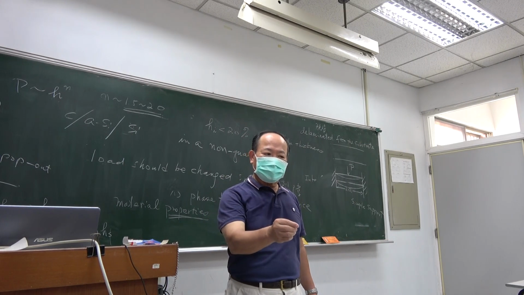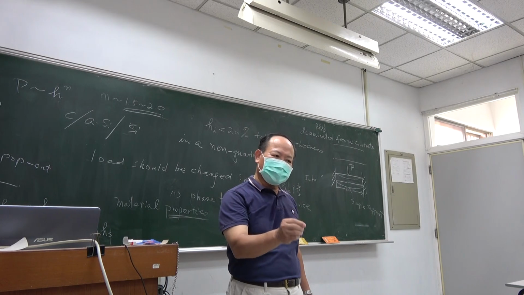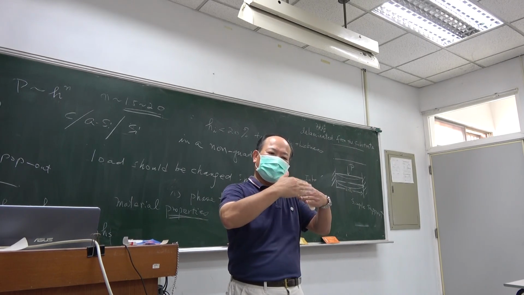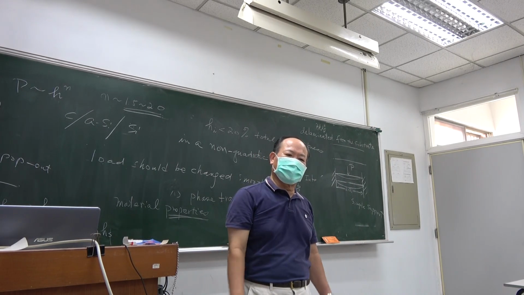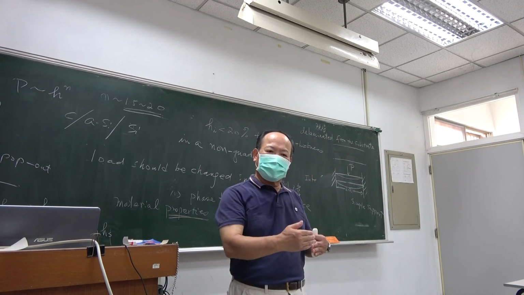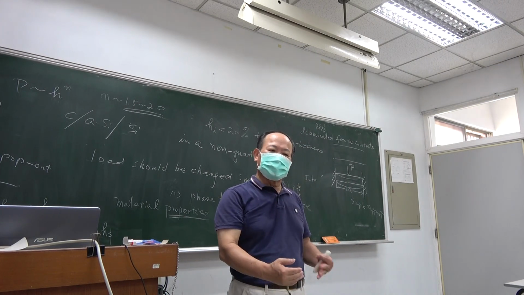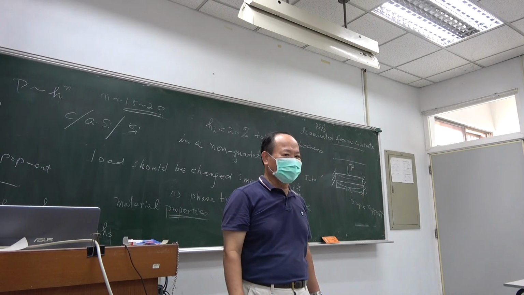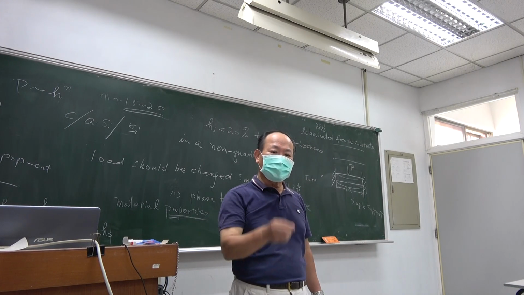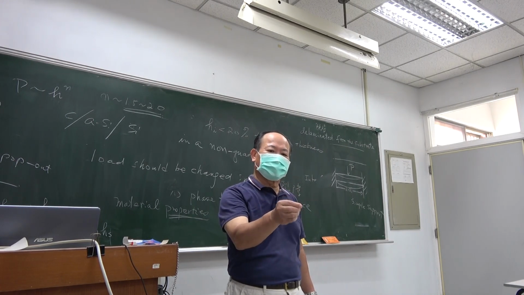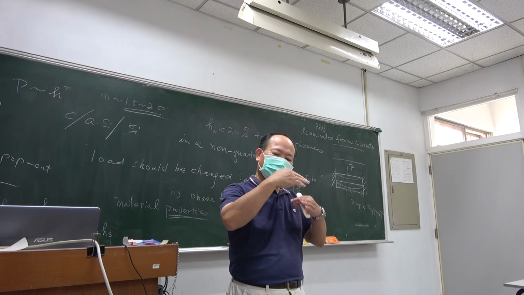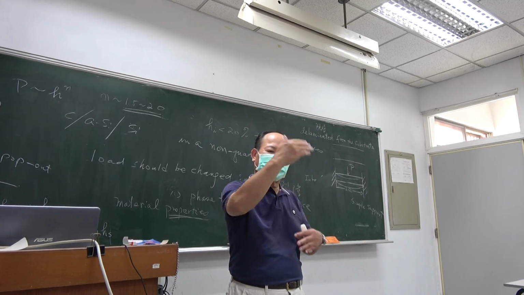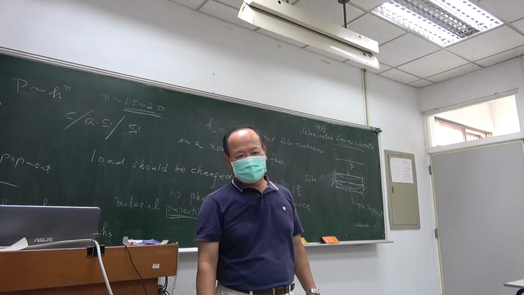If the load is large, it means that your adhesive behavior is good. If the adhesive strength is low, it means that this adhesion is not good. In this case, we need less load to make the substrate delaminate from your thin film.